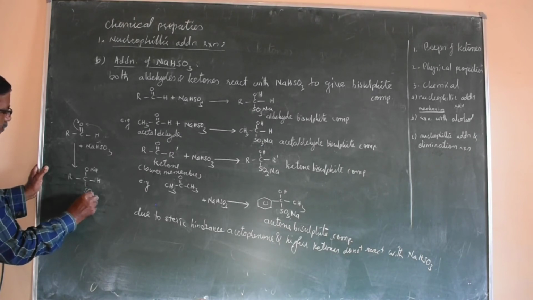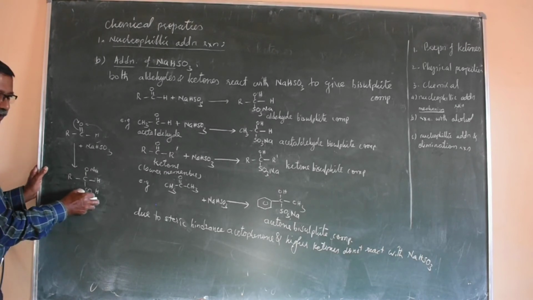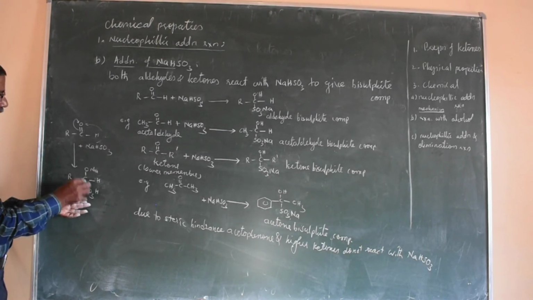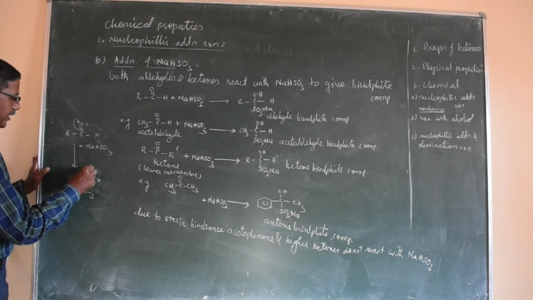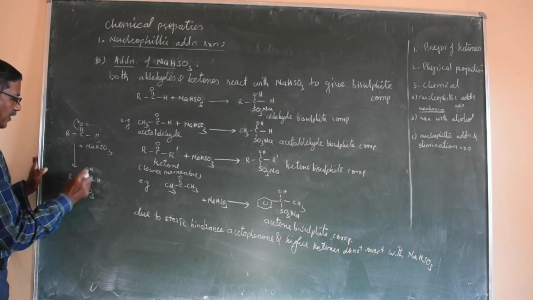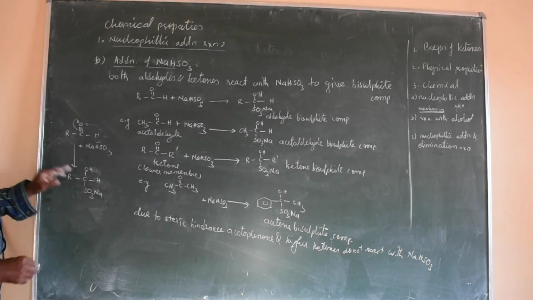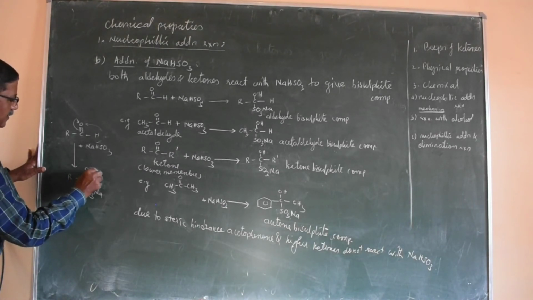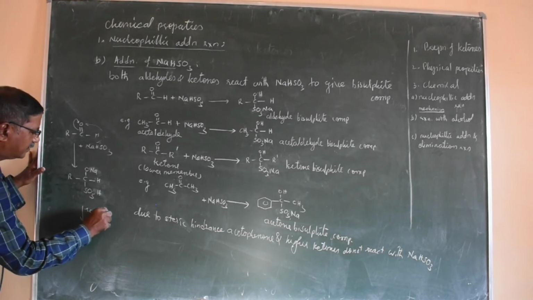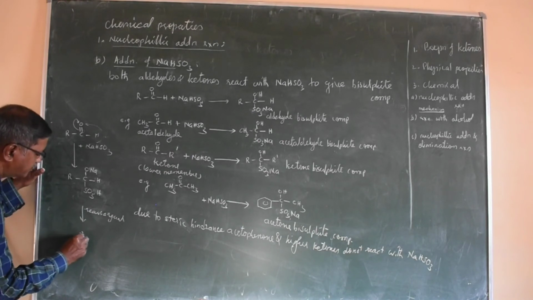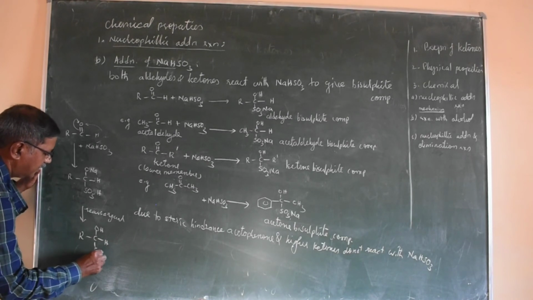SO3H is a stronger acid compared to the oxygen group, so a simple rearrangement takes place: instead of Na, the Na moves here and the hydrogen to the O. First the product is different, and then after rearrangement you get the product R, C, OH, H, SO3Na.